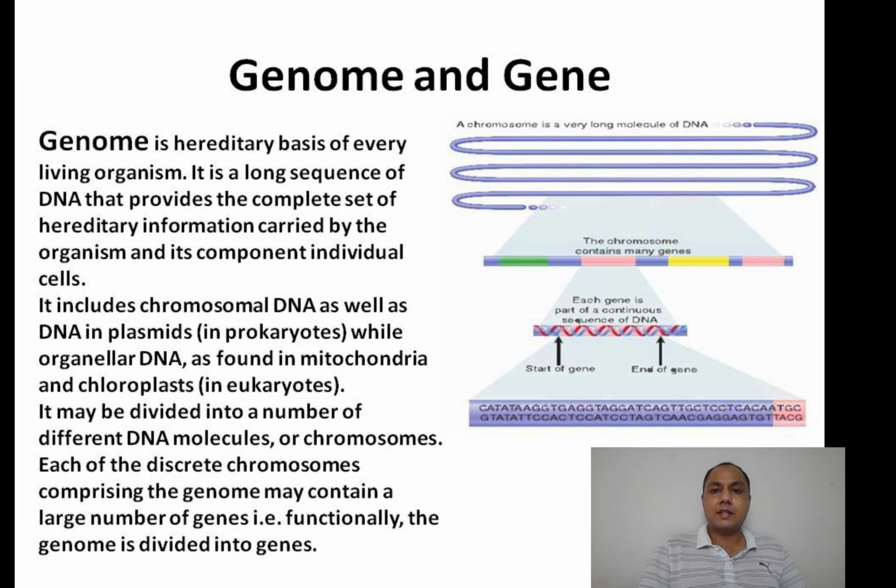So a gene is a part of the DNA sequence of a chromosome, and within the gene there is certain information about where the transcription or expression of the gene should start and where it should end. So the whole procedure and all the information are contained within the gene.